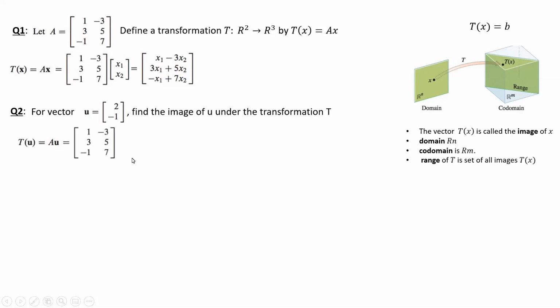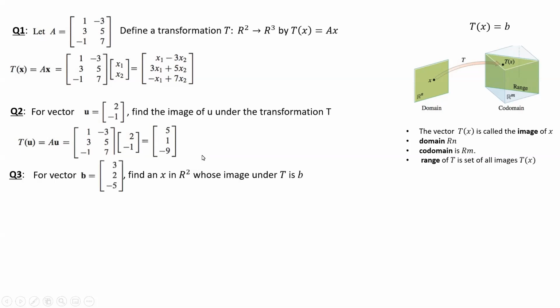Then we follow the rules for matrix-vector multiplication, and we get the specific vector (5, 1, 9), which is our image. And again, we're going into three-dimensional space, so three components should be all right.